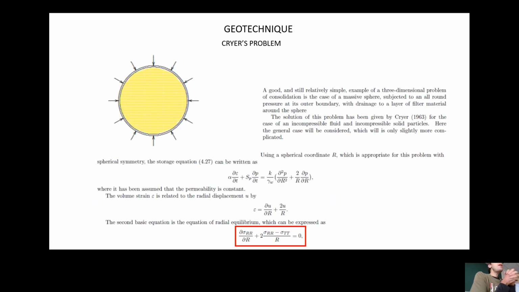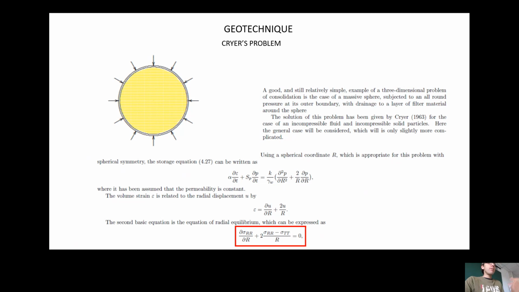Another important problem is Cryer's problem. That is a very instructive problem that we can see. For example, if we have a three-dimensional problem of consolidation, we consider a soil like a sphere, subjected to a pressure all around, with drainage to a layer or a filter material around the sphere.